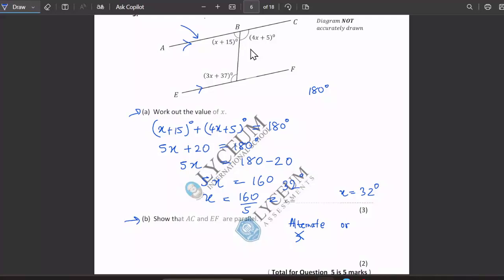So these two angles are called interior angles. So these two are interior angles. So we can say interior angles. These are the two methods we can use.